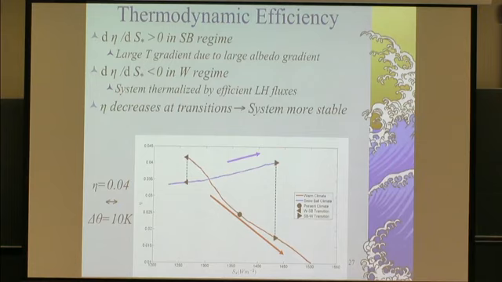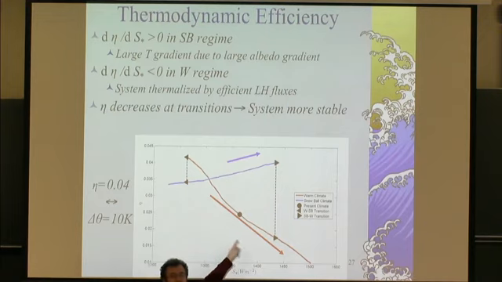In the warm state where we are, if I increase the solar constant, so if I increase temperature, the efficiency goes down. In the cold climate, if I increase the solar constant, so the temperature, the efficiency goes up. So in our world, warmer temperatures are associated with smaller efficiency.